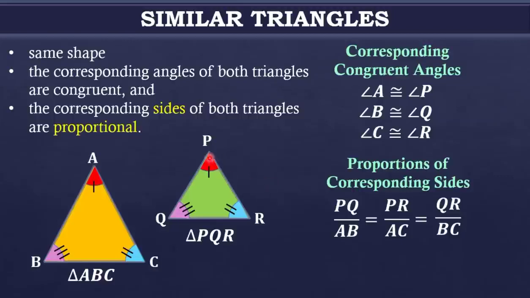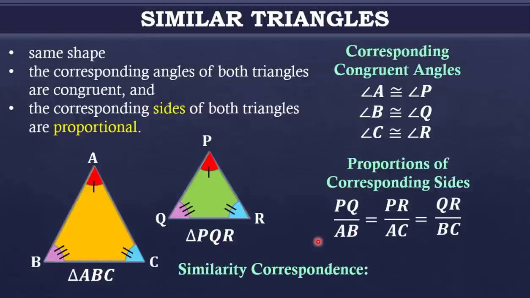PQ to AB and then PR to AC and QR to BC. So again, pag sinabi natin similar triangles, dapat po ang corresponding angles nila ay congruent and their corresponding sides are proportional.